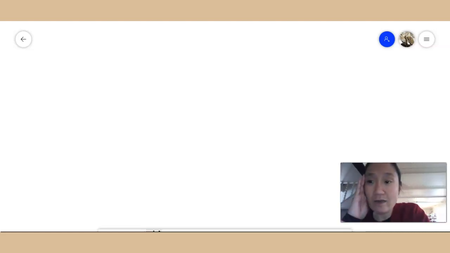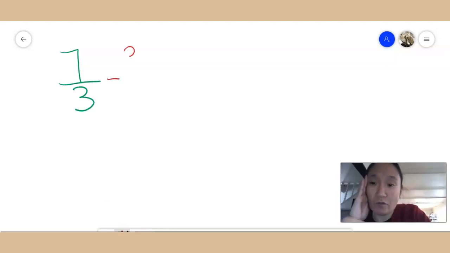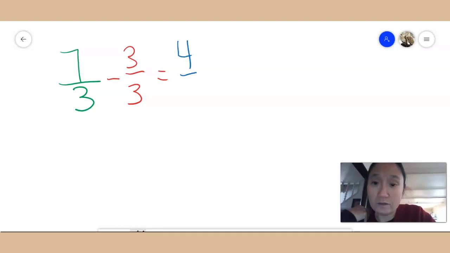All right, so if I have 7 thirds, I know that I can take away one group of 3 over 3. I can take one whole away from that. I can subtract it. So that leaves me 4 thirds. So this is still improper. It still has a big top, little bottom. So then I'm going to come back here and take another 3 over 3 away.